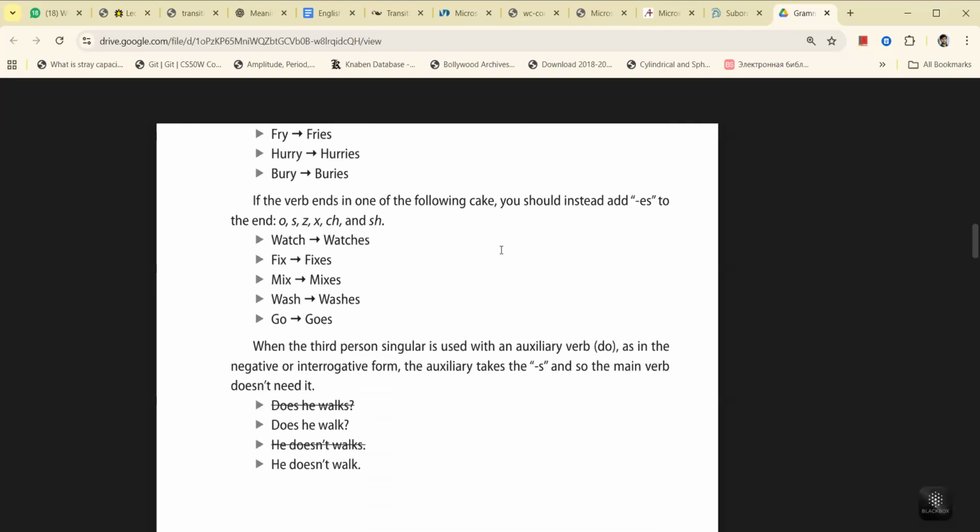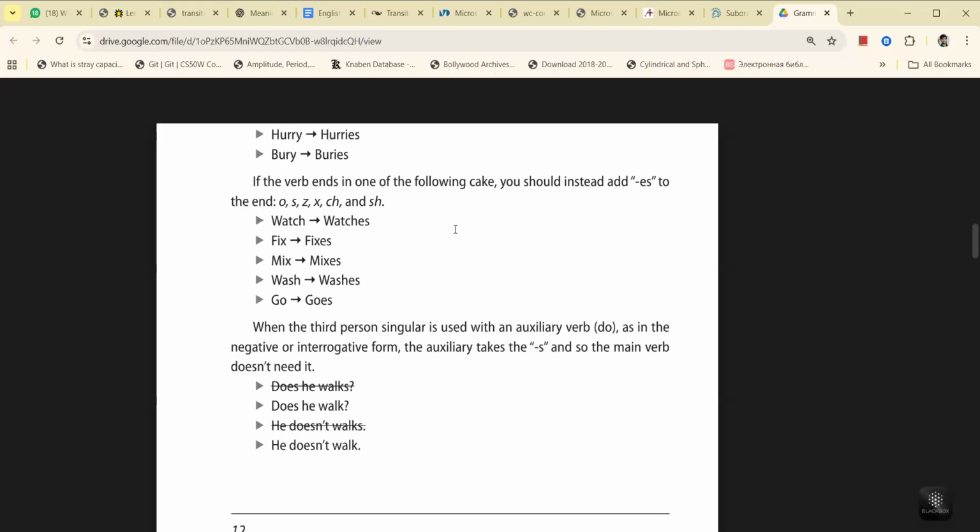Okay. If the verb ends in one of the following, s, z, x, ch, sh, you should instead add es to the end: watch, watches, fix, fixes, mix, mixes, wash, washes, go, goes.